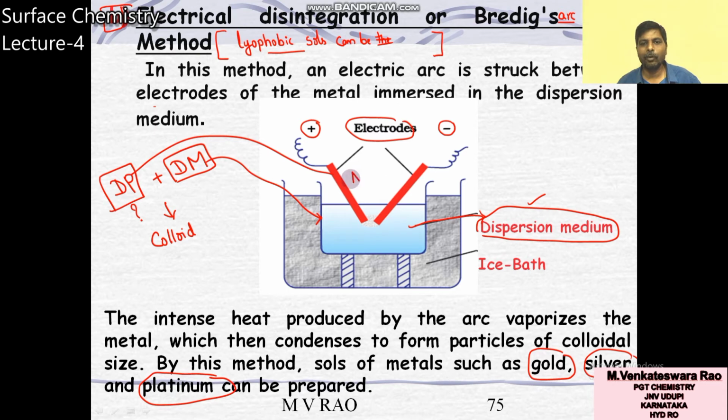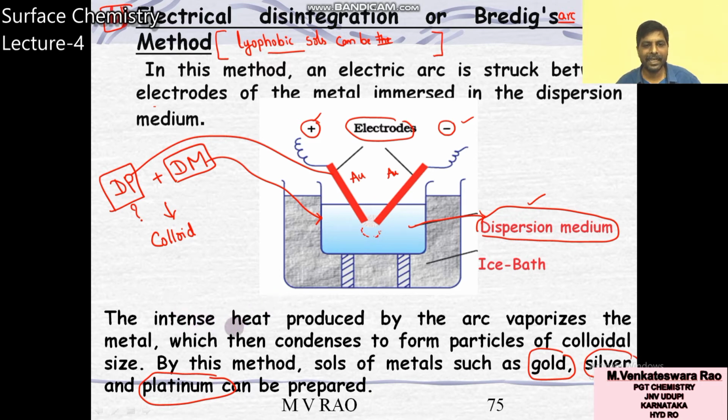Suppose you take a gold rod, Au. In this method, an electric arc is struck between electrodes of the metal immersed in the dispersion medium. You are heating these gold rods by applying an electric field using this arc. Your arc will develop, heating, the temperature will increase.